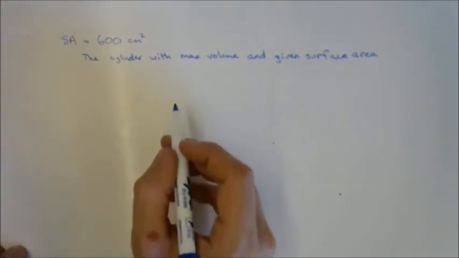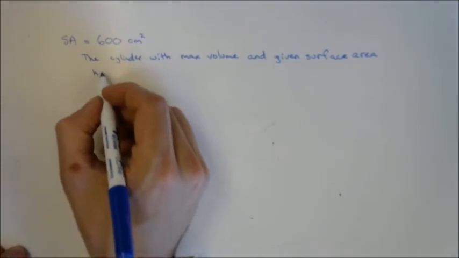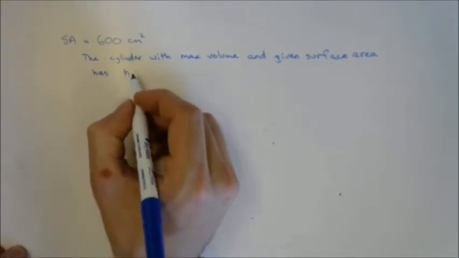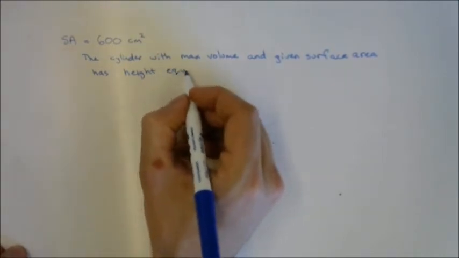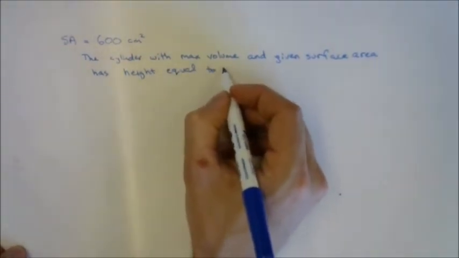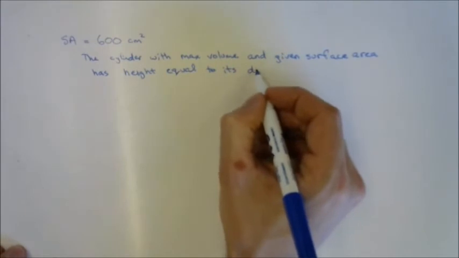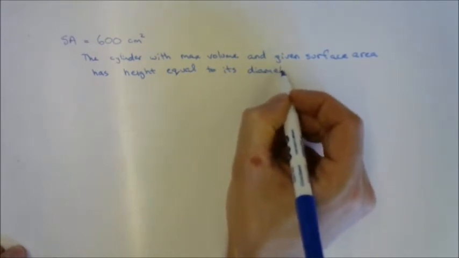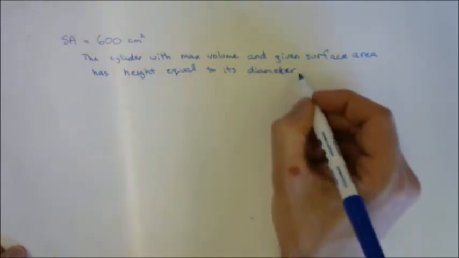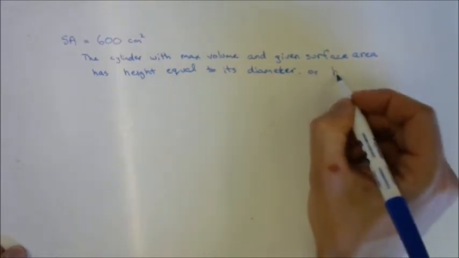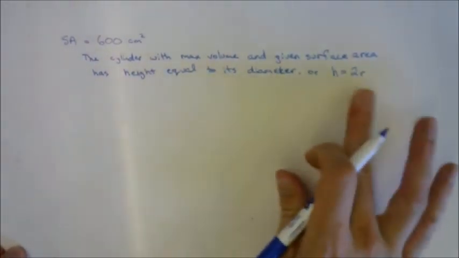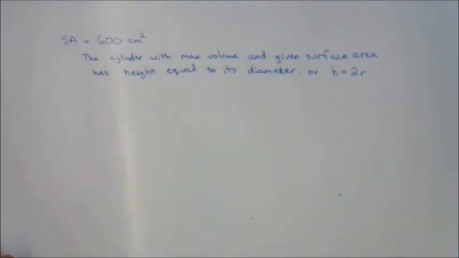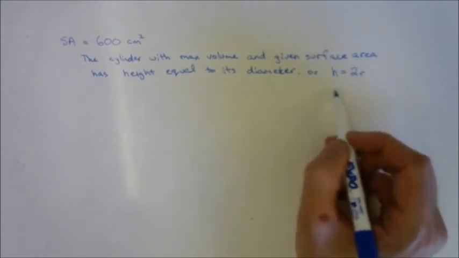The cylinder with max volume and given surface area has height equal to its diameter, or h equals 2r. So in our last example we had a radius of 4 and a height of 11, which was the closest we got to this relationship.